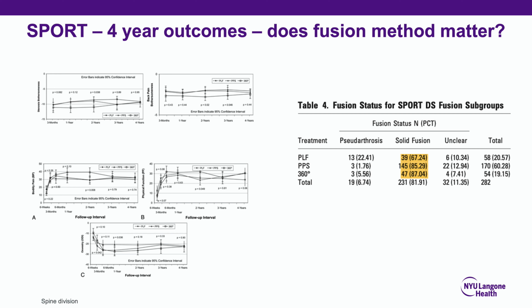He showed solid fusion was achieved in 87% in the 360 group, 85% in the posterior instrumentation only group, and only 67% in the posterolateral fusion group. He had also higher pseudoarthrosis rates in the posterolateral group. He concluded that, yes, fusion method does matter and instrumentation does matter.